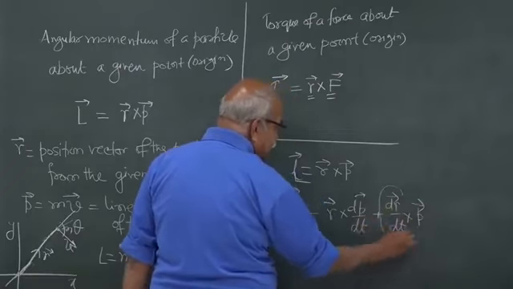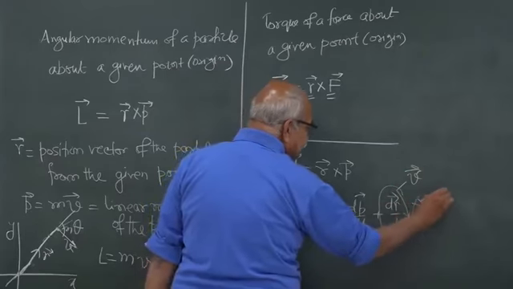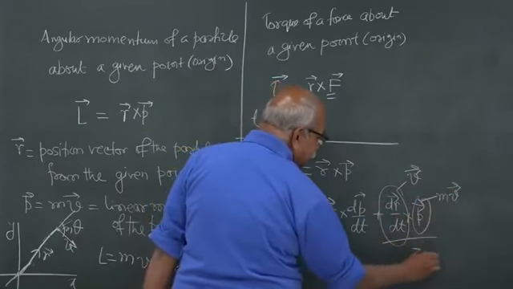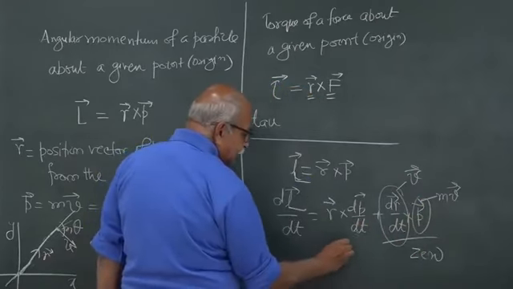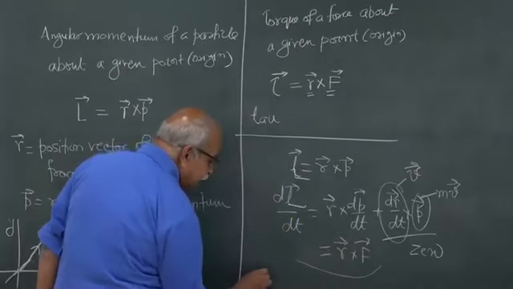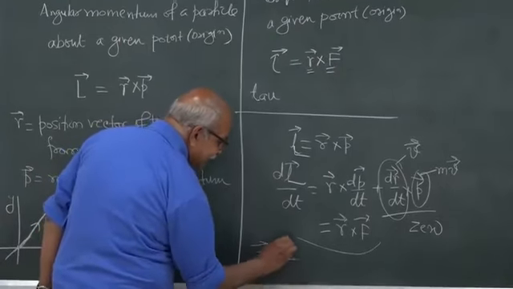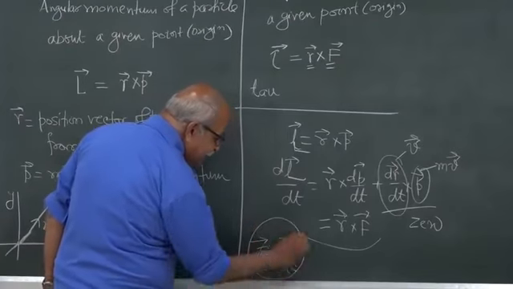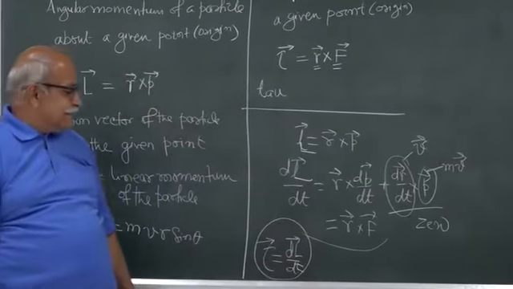Now, dr/dt is the velocity vector and p is mass times the velocity vector, so this cross product is 0, and dp/dt is F. So, it is r cross F. That means torque is equal to dL/dt. For a single particle we get this very simple equation, torque is dL/dt.